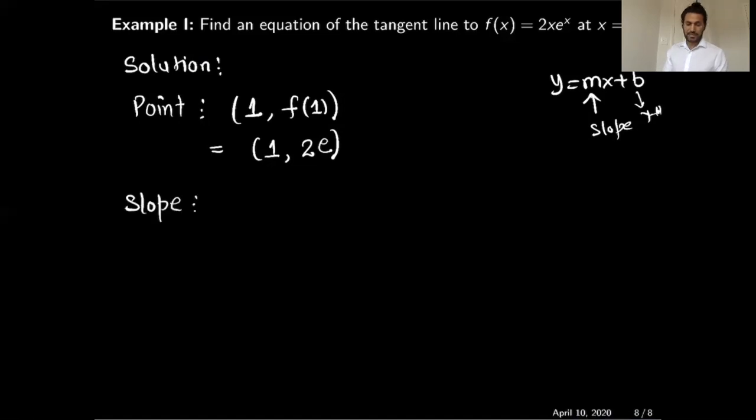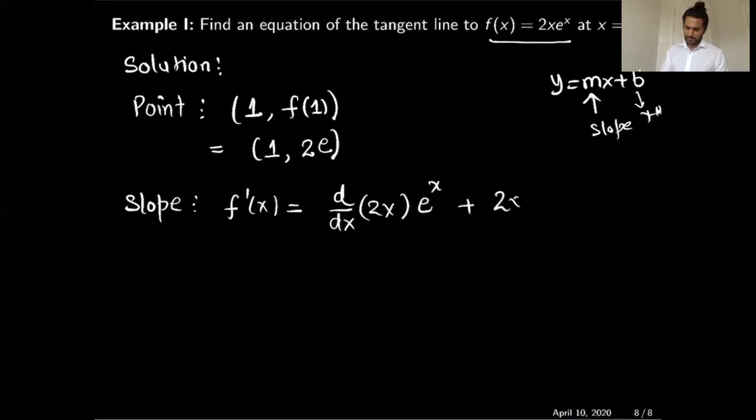The slope of the tangent line is the derivative evaluated at the x value. So first we will calculate the derivative of the function, f prime of x. Since our function is the product of two functions, I will use the product rule. dy/dx of 2x times e to the power x, plus 2x as it is, times the derivative of e to the power x.